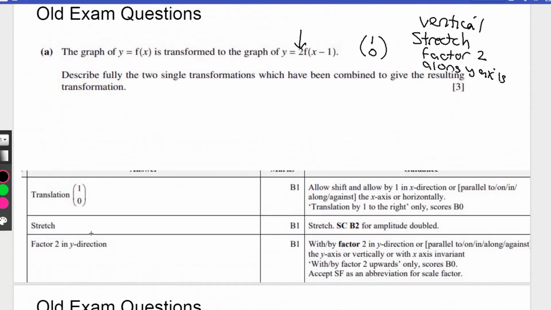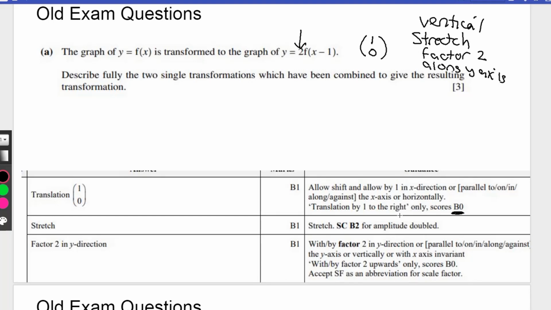So take a look here. Here is the actual rubric. The problem is, like I said, if you say that it shifted to the right, I don't think they're going to give you credit. See here where it says that if you say it translates to the right, you get nothing. Okay?